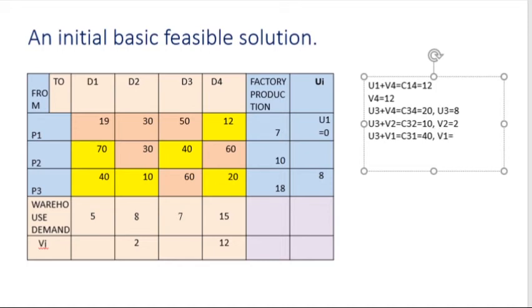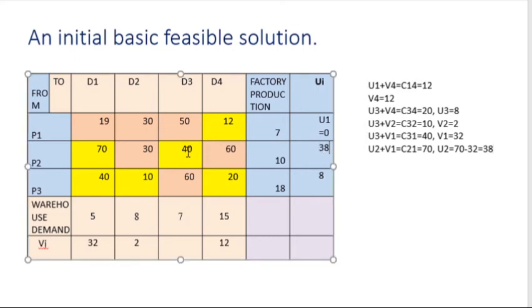V1 equal to 32. Now this 32 can be used for calculation of U2. So I will write U2 plus V1 is equal to C21, which is equal to 70. So that means U2 is equal to 70 minus 32, that is equal to 38.